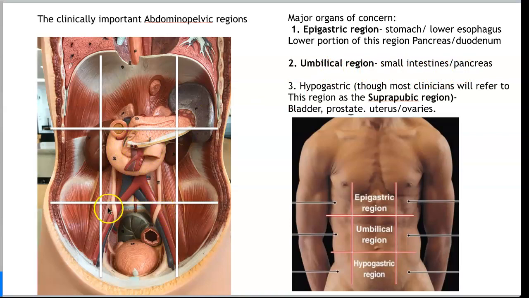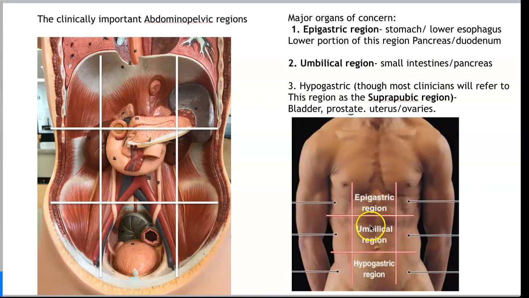Then you get down to this region. Hypogastric region. Clinically, no one calls it the hypogastric region. I've never even heard it called that before I started teaching anatomy. Could the umbilical region be hypogastric? Hypo means what? It means below.